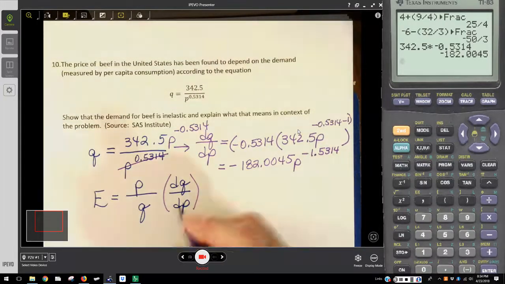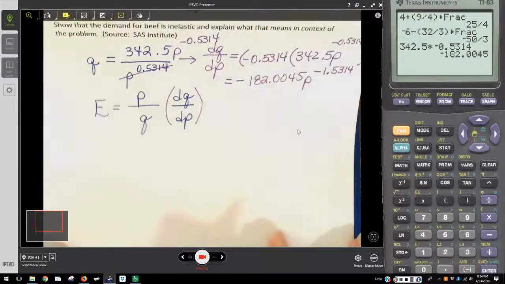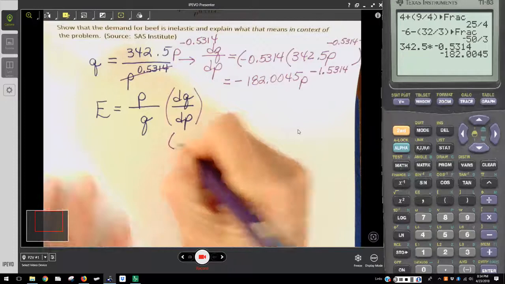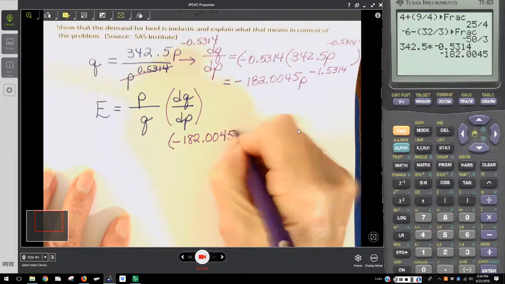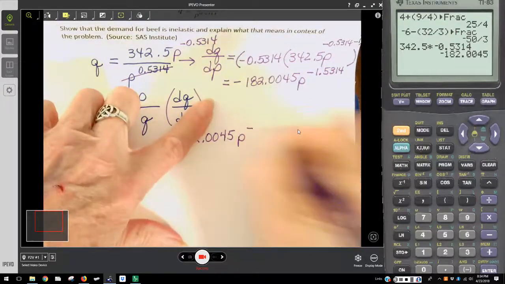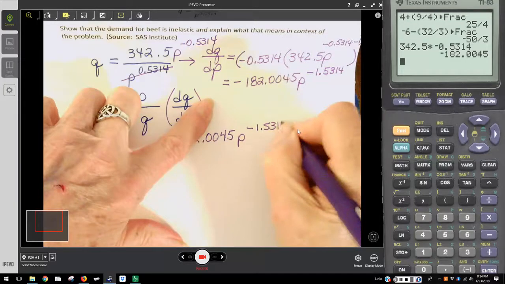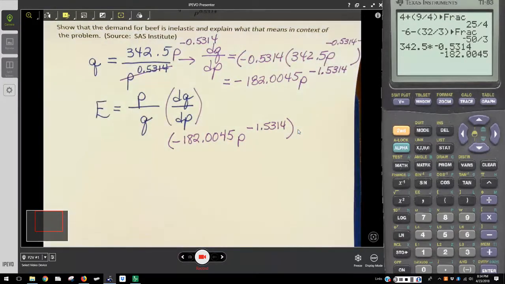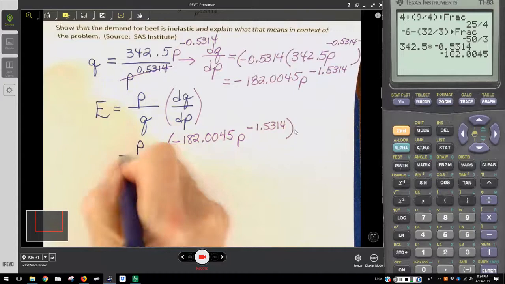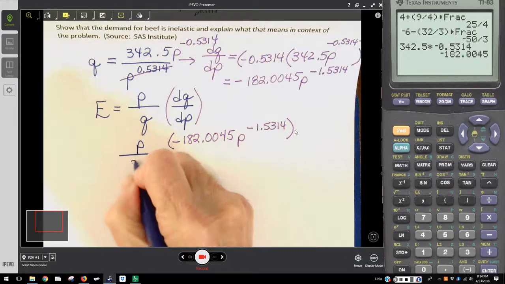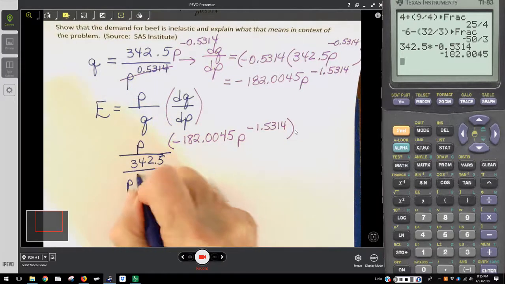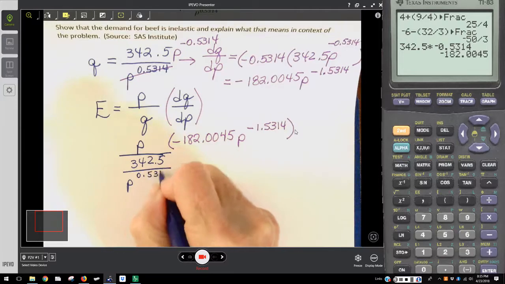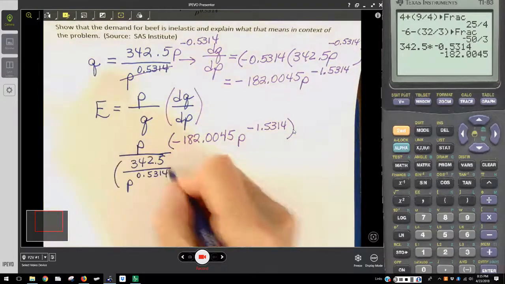So that's dQ/dP. And P, of course, is just P. And it's going to be divided by Q, which is this expression that we were given for Q.